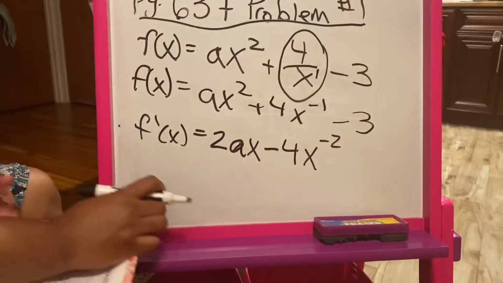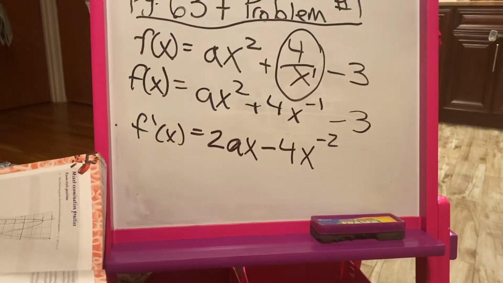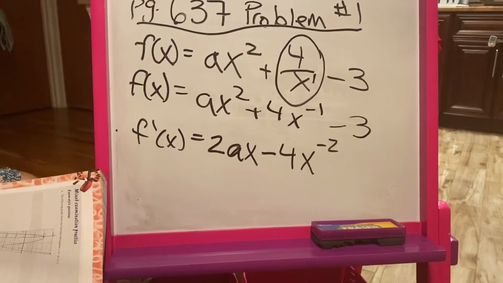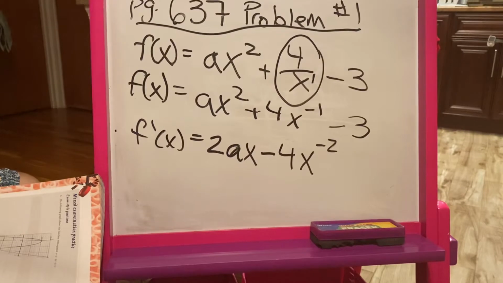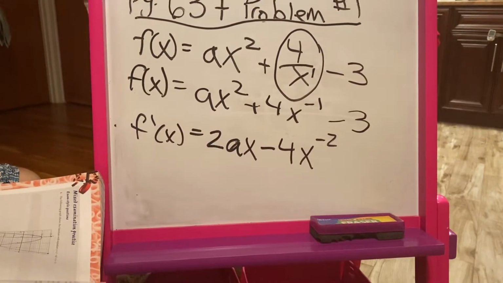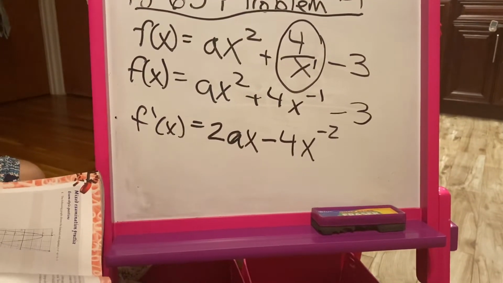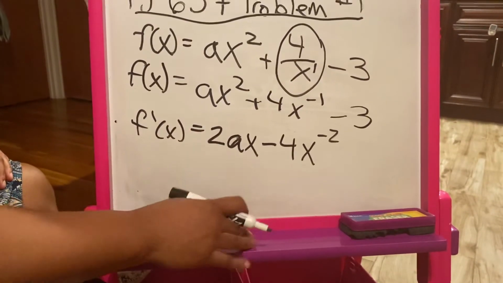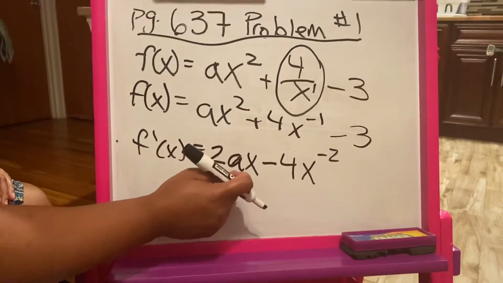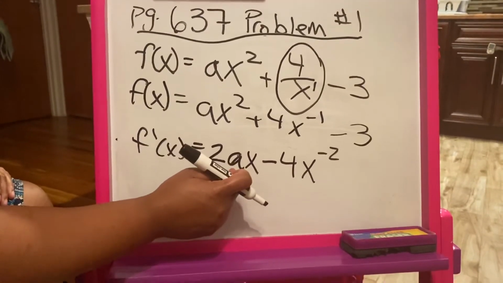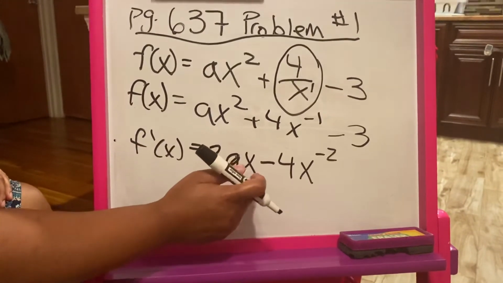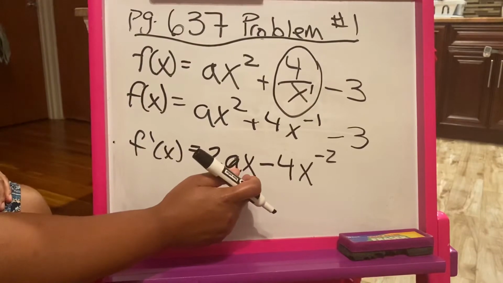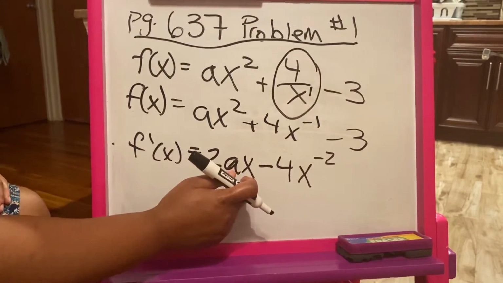Now, another thing they ask us to do is, for a local maximum point where x equals negative 1, find the value of a. So all that means is that they want me to find the value of a when x is negative 1, and we know that it's a critical point.